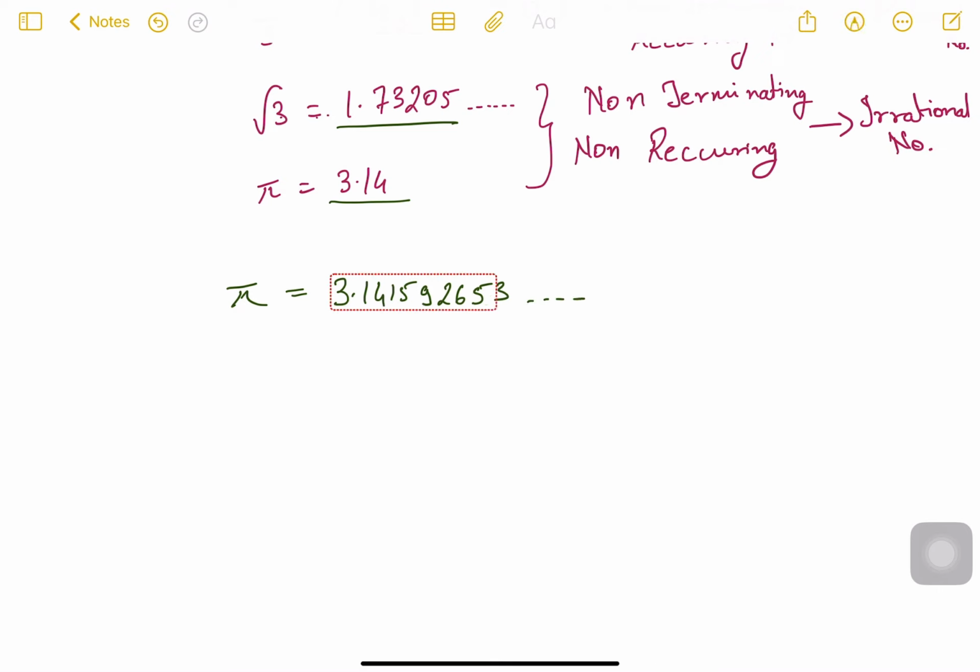But when we talk about 22 by 7, what is the value?